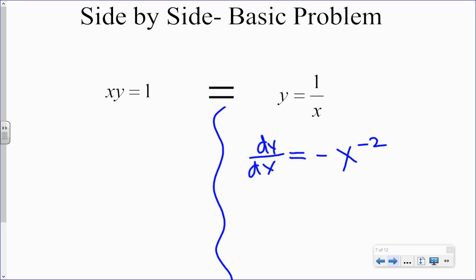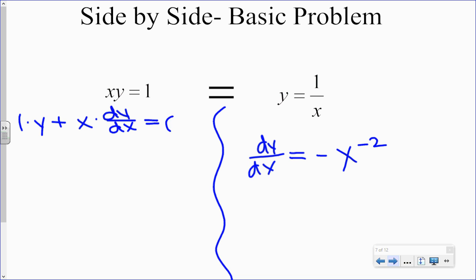We have x times y equals 1. Well, x times y, that is a product. So derivative of x times y plus x times the derivative of y equals, what's the derivative of 1?